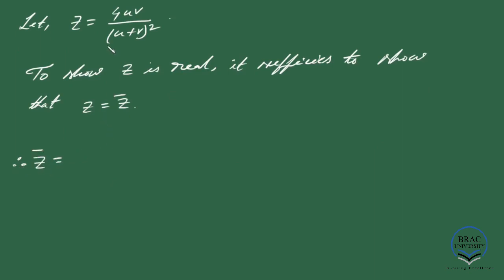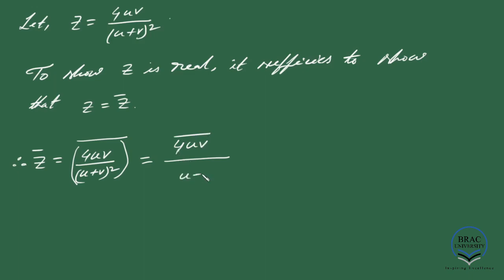What is z? Z over here is 4uv divided by (u plus v) whole squared. And we are going to take the conjugate of the whole quotient. The conjugate of this quotient is going to be the conjugate of the numerator and the conjugate of the denominator separately, according to one of the properties of complex numbers.